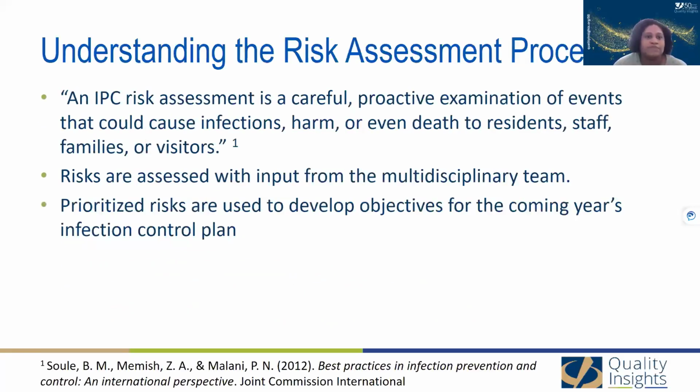So the risk assessment process is defined as a careful, proactive examination of events that can cause infections, harm, or even death to residents, staff, families, or visitors. All of the risks are assessed with input from the multidisciplinary team, and prioritized risks are used to develop objectives for the coming year's infection control plan.